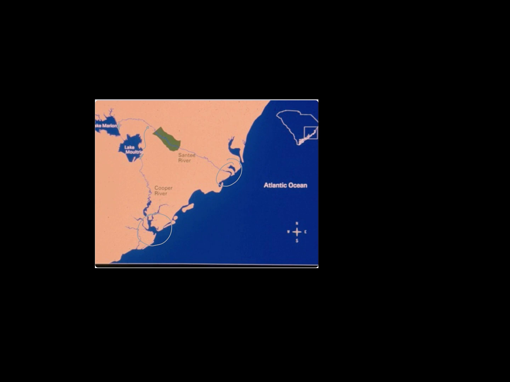One of the things that did happen, though, was that the vegetation changed considerably along the Santee River. So there's a bottomland forest that's located right about here, and many of the species that were dependent upon the flooding of the river ended up disappearing in that area because of the changes in the flood system.